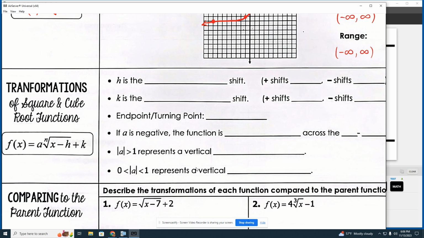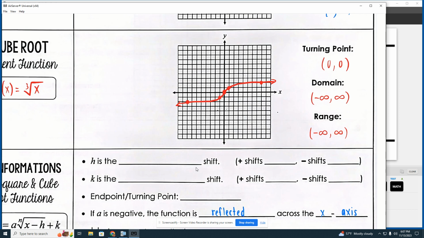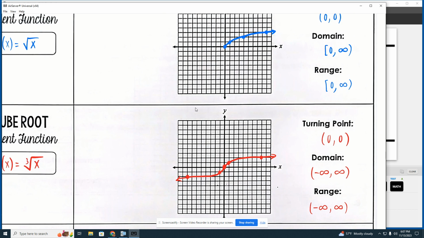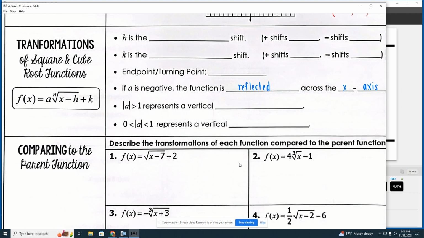That means it's going to reflect over the x-axis. Let me go back up here. So for example, what I mean by that, if this turned negative out in front of here, this thing's going to flip right over this x-axis, so it would be down here like this. That's what it would be doing. Same with this one, okay? If A out front is negative, that thing's going to reflect over the x-axis.